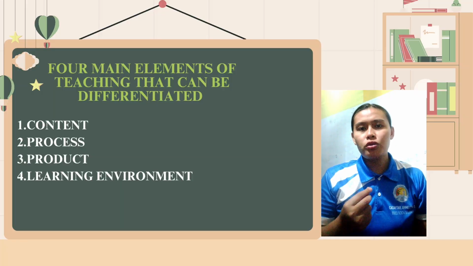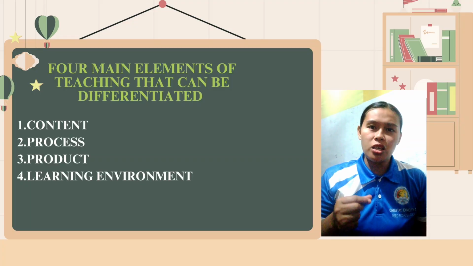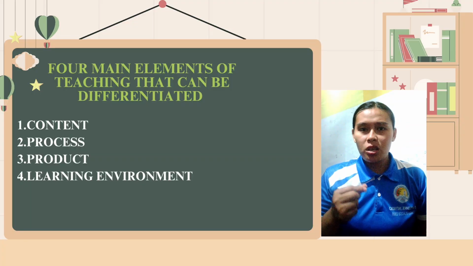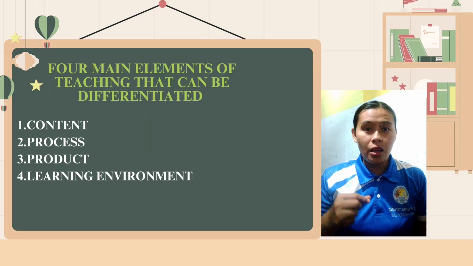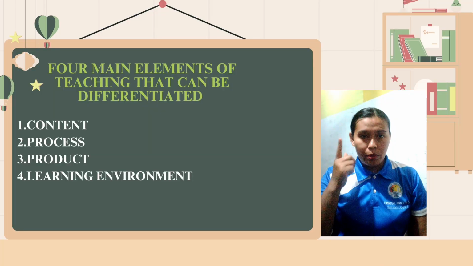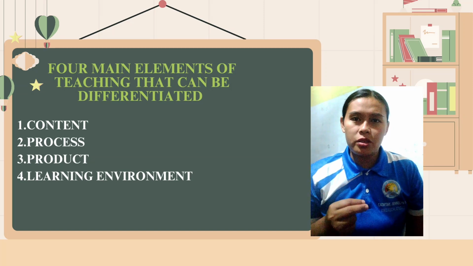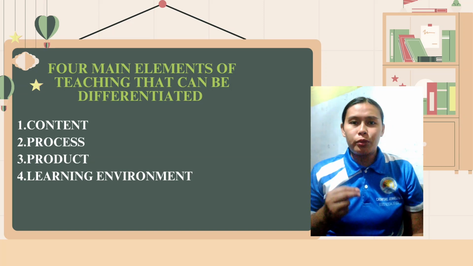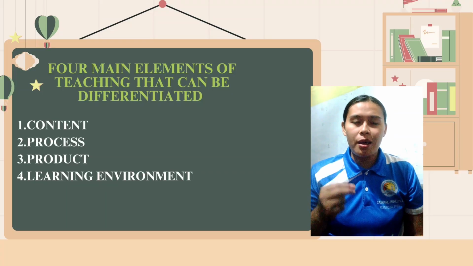Process is how students learn, meaning teachers can change activities, teaching methods, or learning steps based on students' learning styles and abilities. If the content is learning about fractions, the teacher uses different materials like pictures, fraction blocks, or word problems.